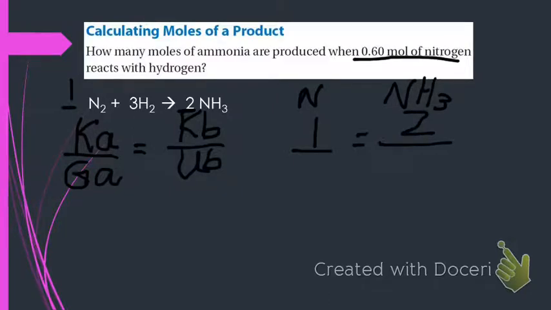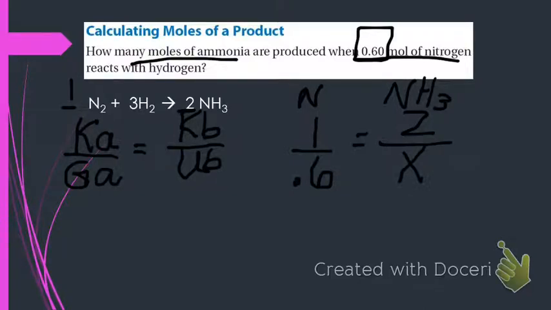So what I'm given then, given of A, given of nitrogen, is this 0.6. So that goes on the bottom part of my nitrogen ratio, and I need to find out how many moles of ammonia. That's my unknown. So that goes there as an X to solve.